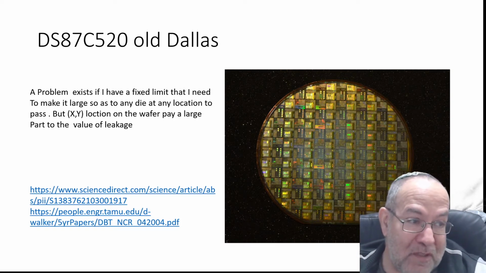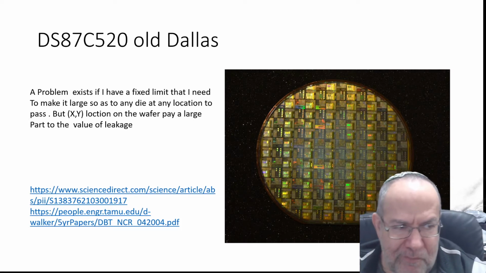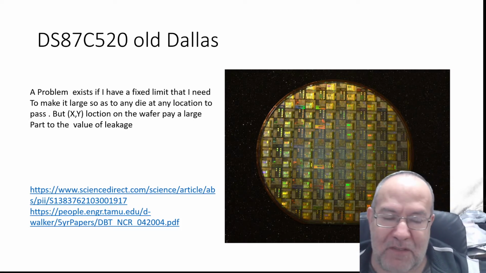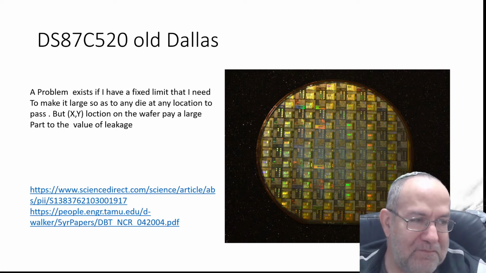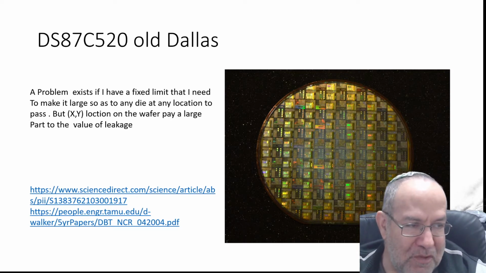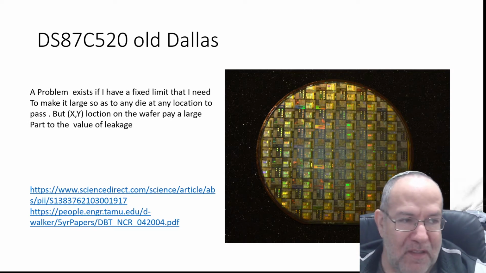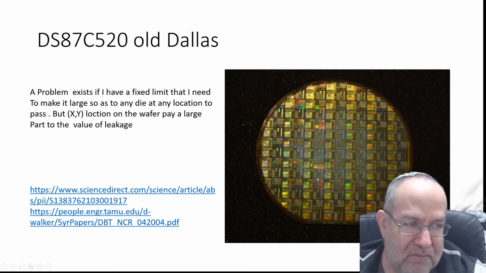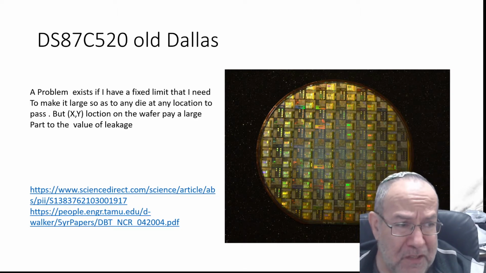This is the way it was done. You don't have to like it. I didn't like the solution. I couldn't believe the differences in values between the bottom dies and the center of the wafer as far as leakage current was concerned.